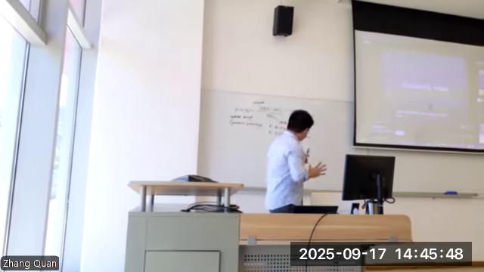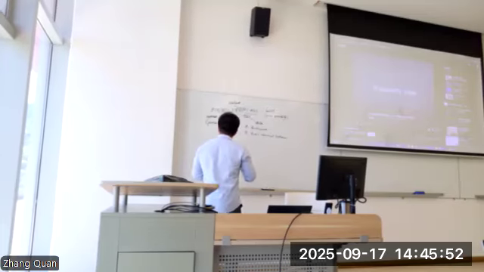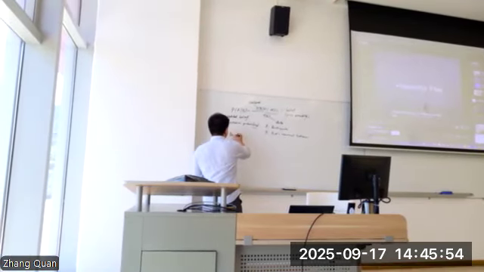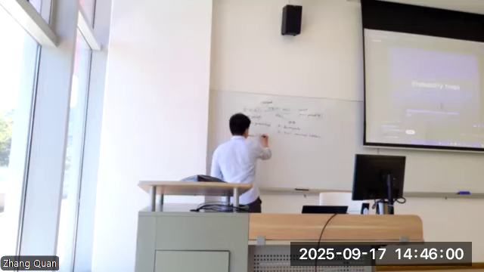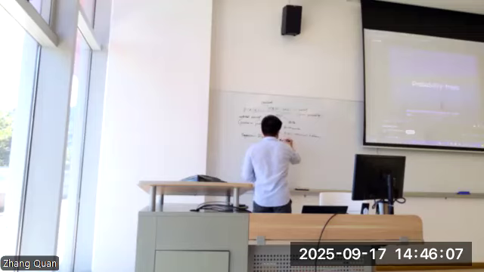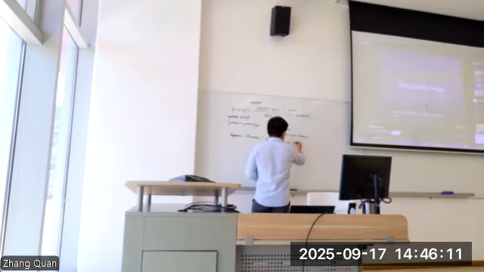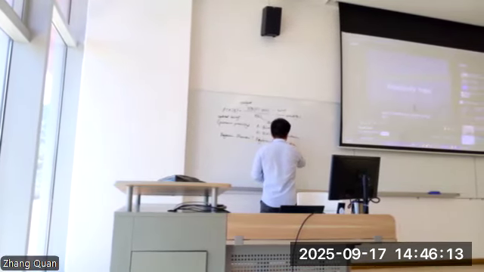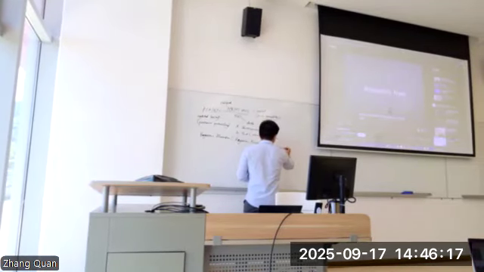So just some last words for the Bayesian formula. They have different names, I don't know why. Sometimes they call it the Bayesian theorem, sometimes the Bayesian rule, sometimes the Bayesian formula.